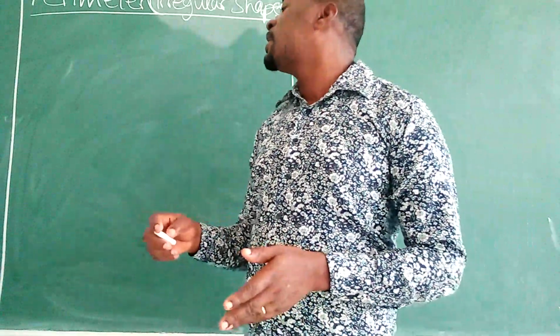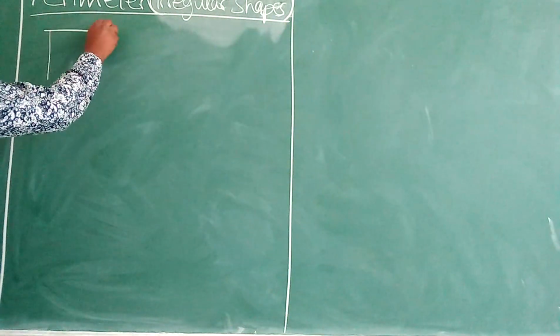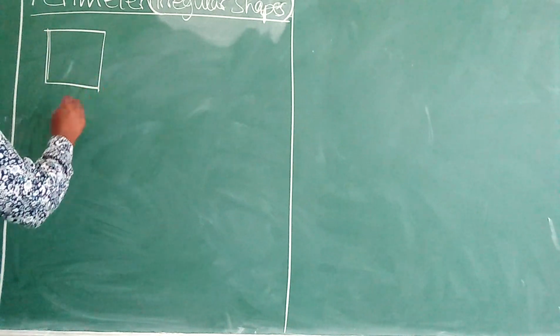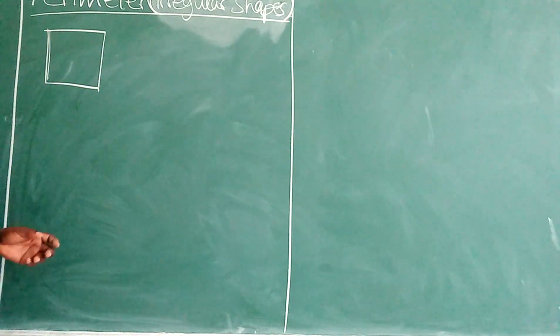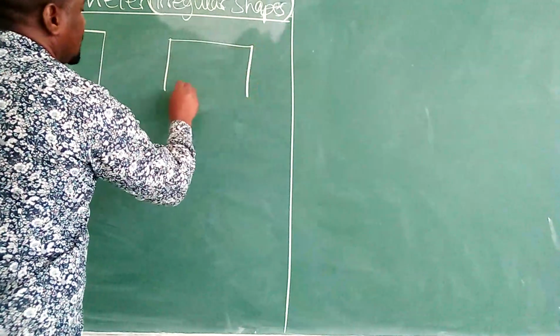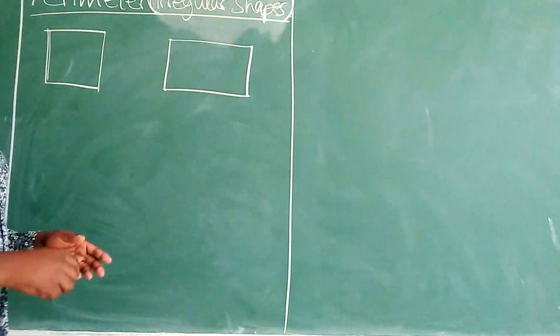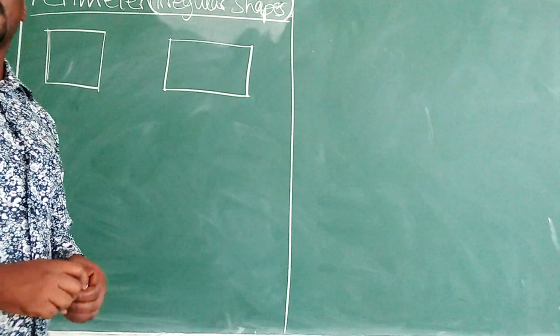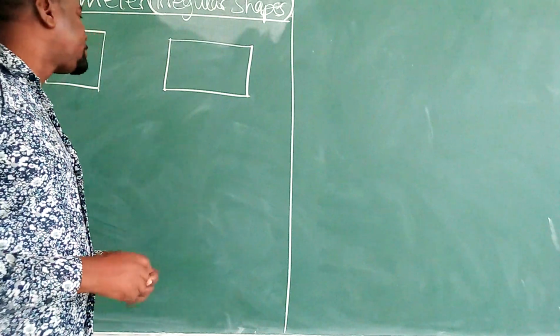If I say regular shapes, you all know that we did how to find the perimeter of what? Square. Square is a regular shape. Then perimeter of what? Rectangle. That one too is a regular shape.